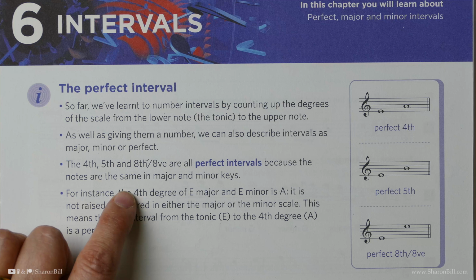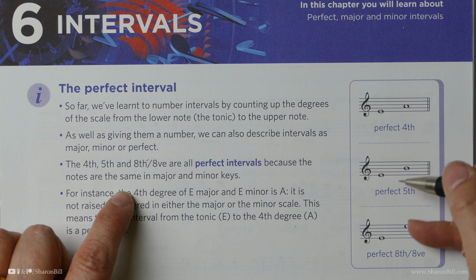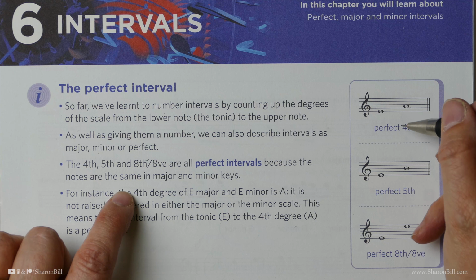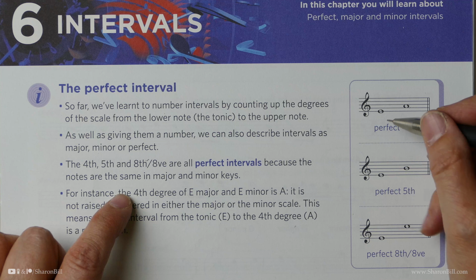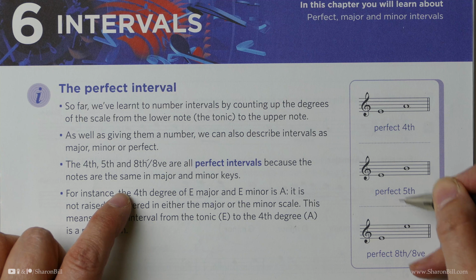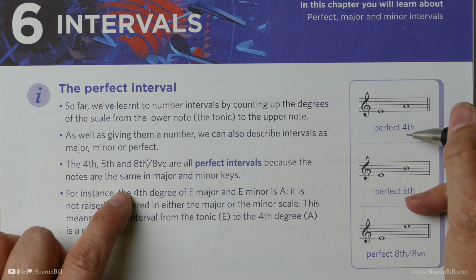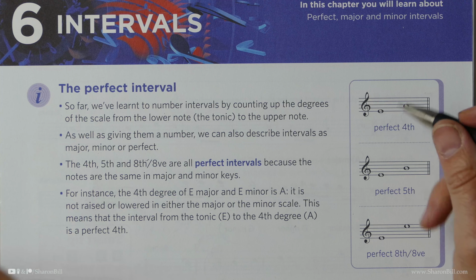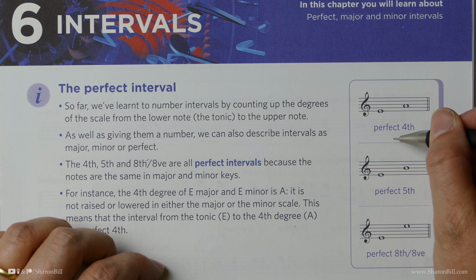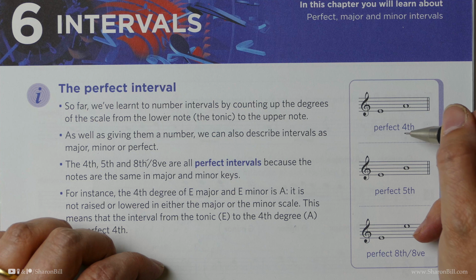However, the reason that these intervals are called perfect intervals rests back in antiquity, from medieval times, when the sound between these notes was considered the purest sound, and so they were called pure tones, and then later it became perfect tones or perfect intervals.